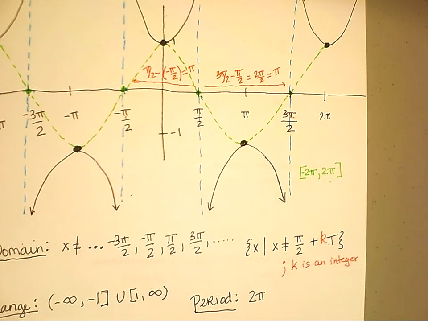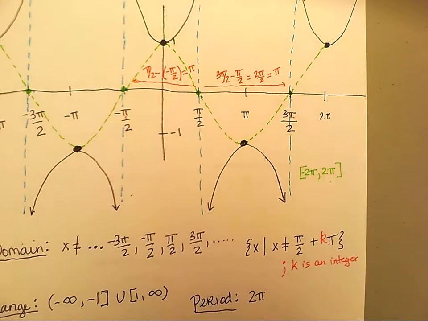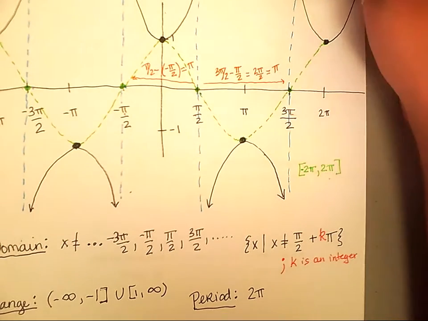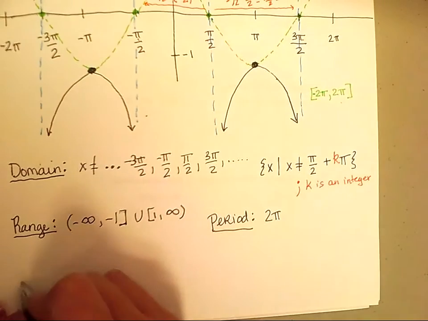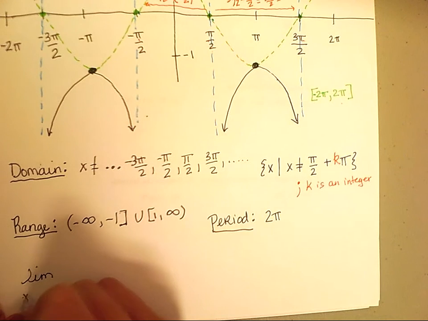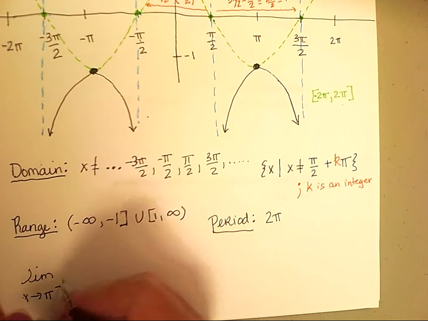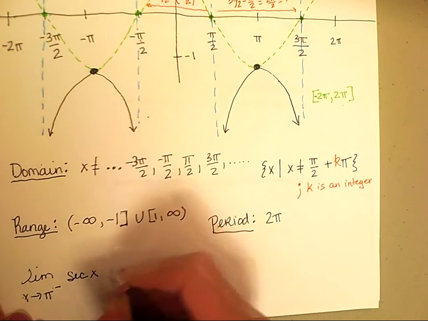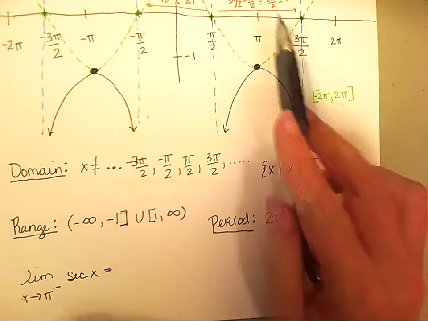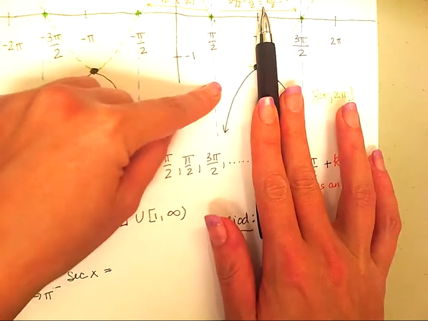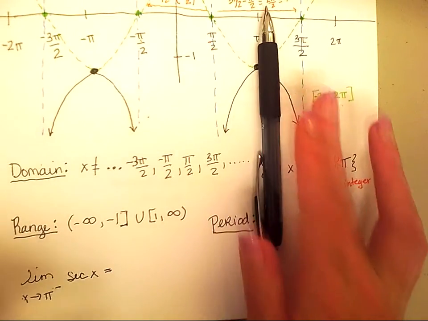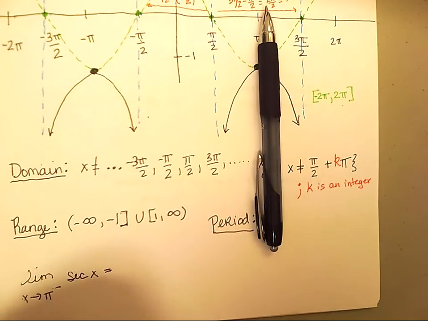So we could ask ourselves some questions here too. Let's talk about the limit of pi as well. We could look at the limit as x approaches pi from the left of the secant. So here's pi. I want to approach from the left-hand side. Start at your asymptote or someplace close like that.